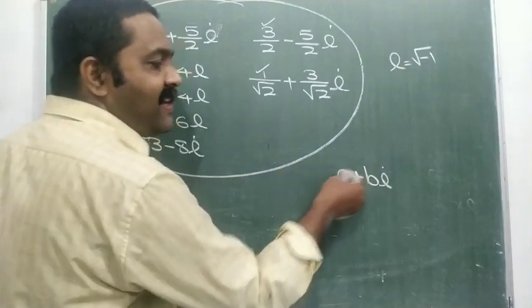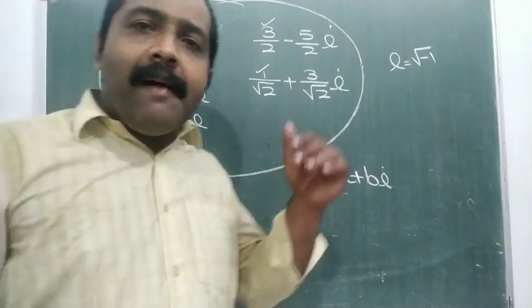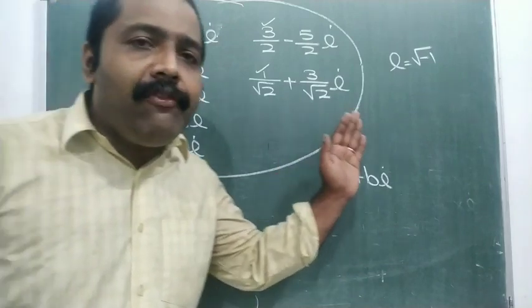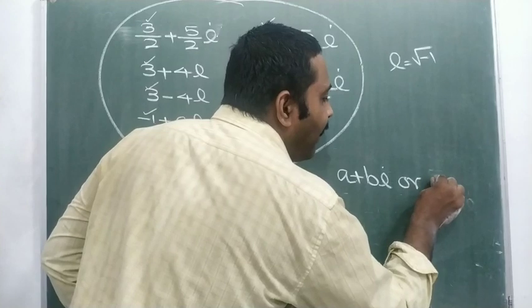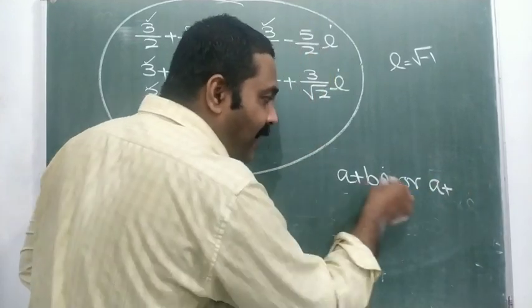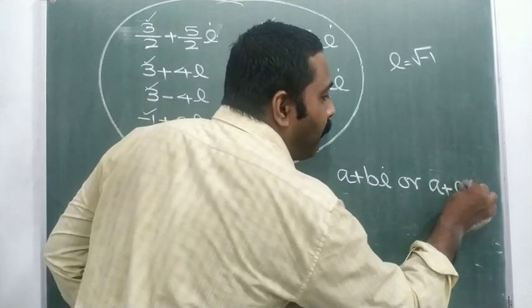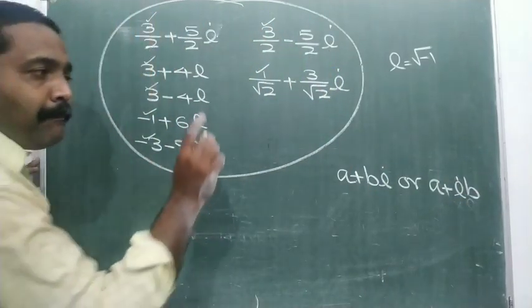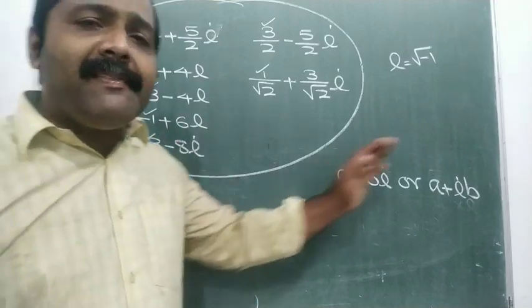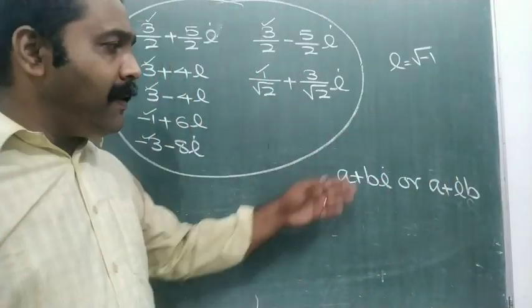Then generally the complex number can be written in the form a plus ib or a plus bi. These are the same. bi is the same as ib.